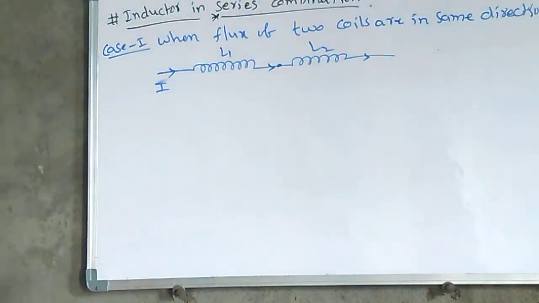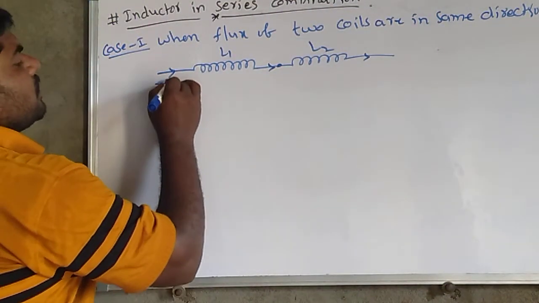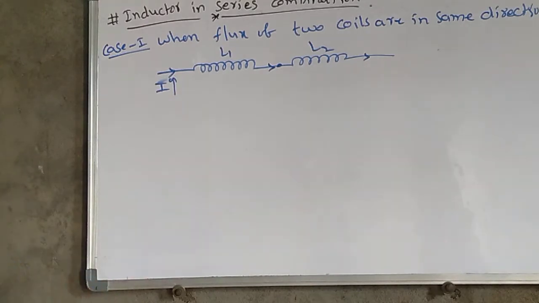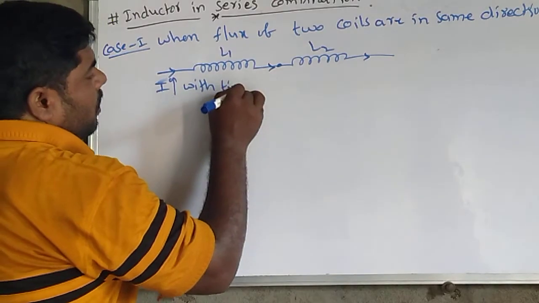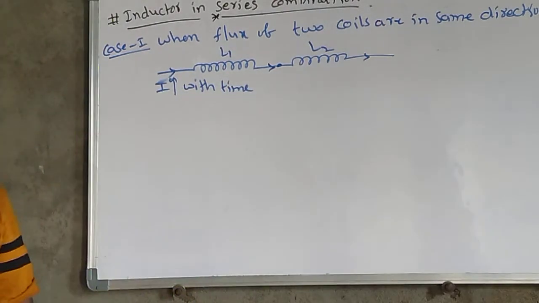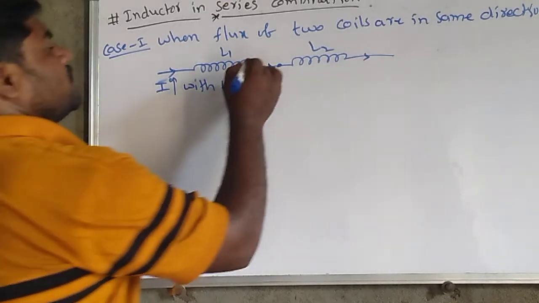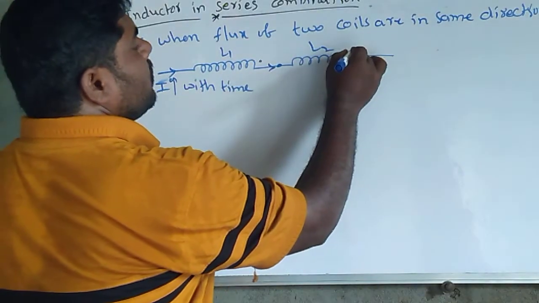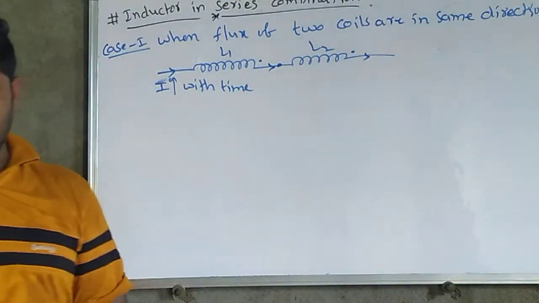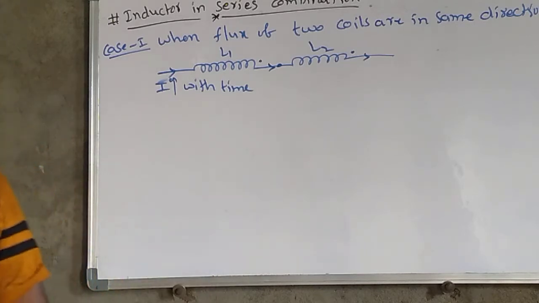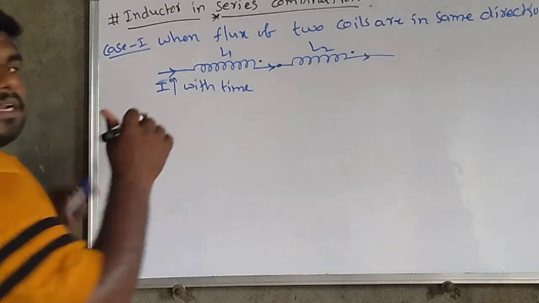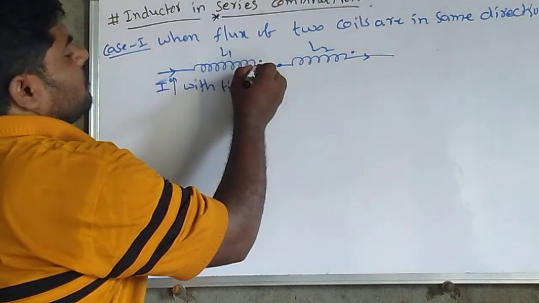I would like to take this current as increasing with time. Here I would like to take two dot points, one dot point here and one more dot point here. The dot point is nothing but a way to identify the north pole.